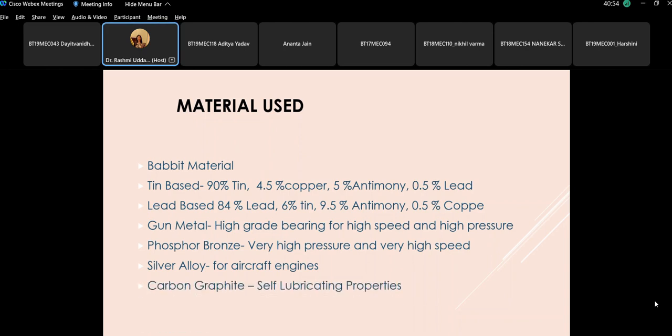And then as I said, carbon graphite, this is a special kind of material which has self-lubricating property. Anybody can comment on what is self-lubricating?